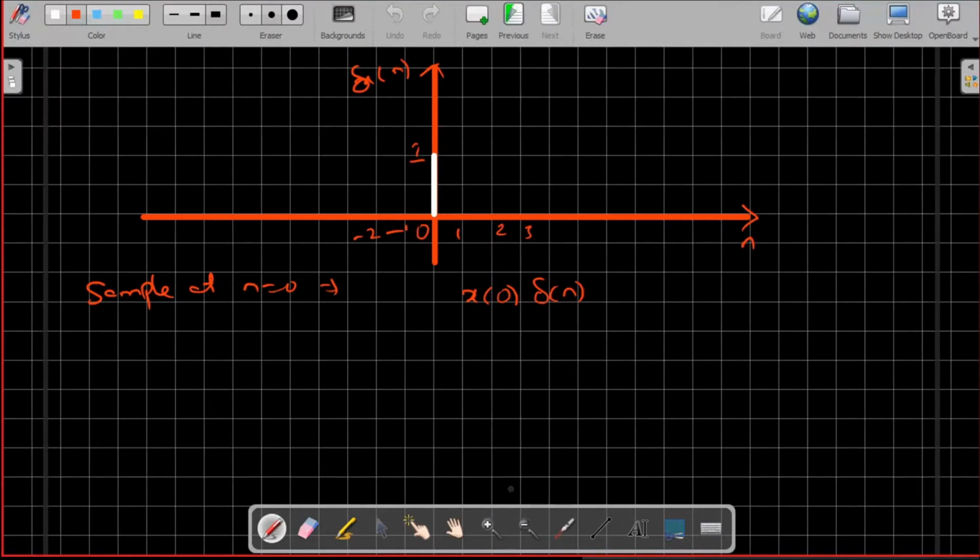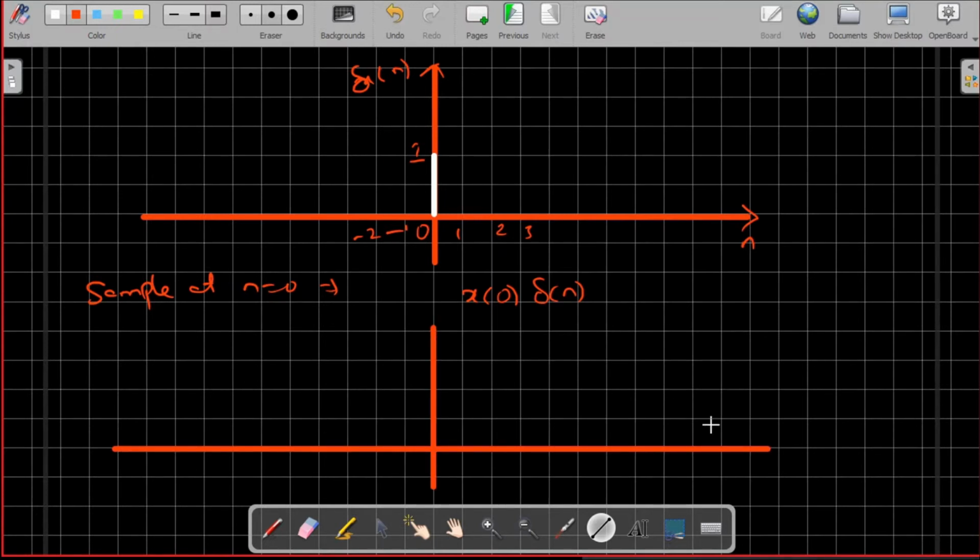So the graphical representation you can simply write like this, which has the value 2, which is x of 0 into del of n, along the time axis 0, 1, 2.